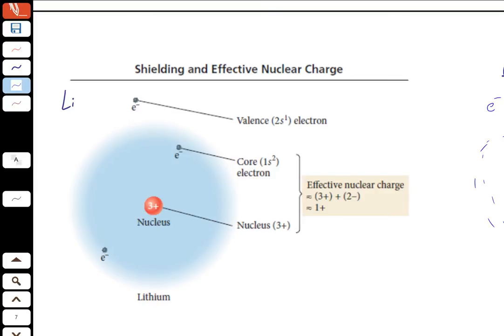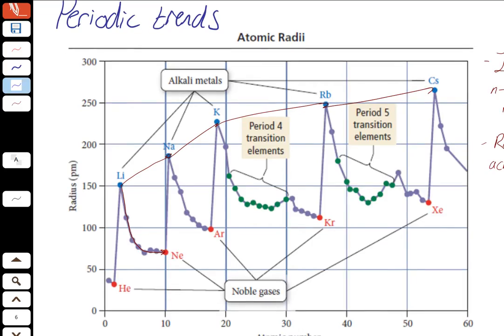And as we move across that table, that effective nuclear charge is going to keep increasing as we add protons, because the electrons are adding basically to the same level. And so that nicely explains, for the most part, our trend here, that as we add these electrons and protons, we're getting a greater effective nuclear charge in the valence electrons, which is causing this pull and causing this contraction of the atom.